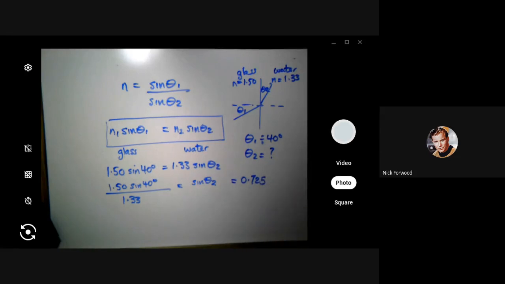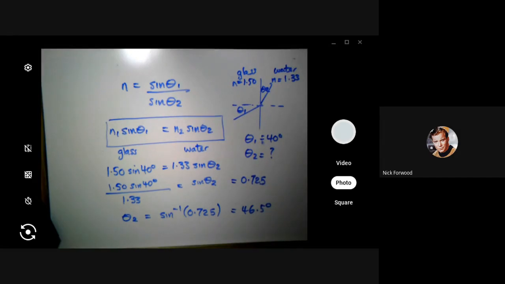So that's sine theta 2. So theta 2 is the inverse sine of 0.725. You put in 0.725, find the inverse sine, and that is equal to 46.5 degrees. So there's a second worked example for you there.